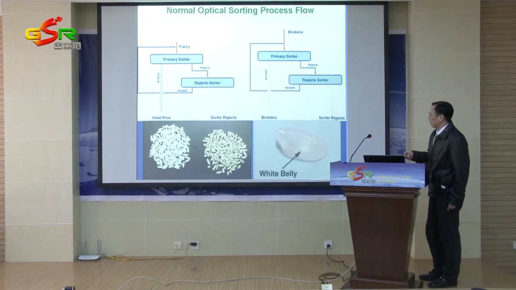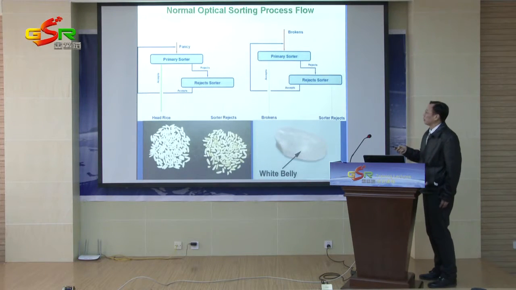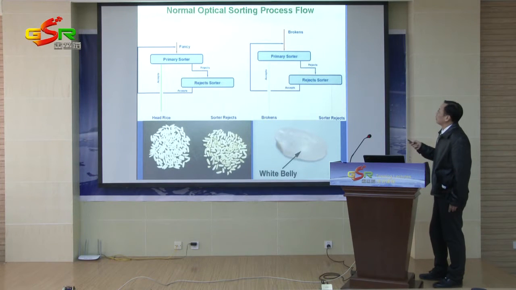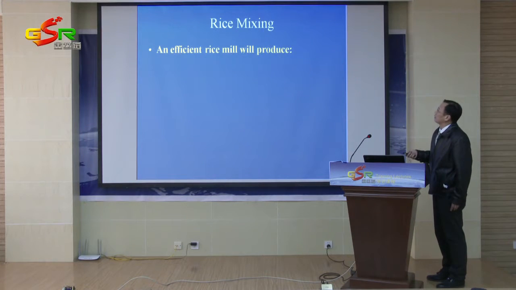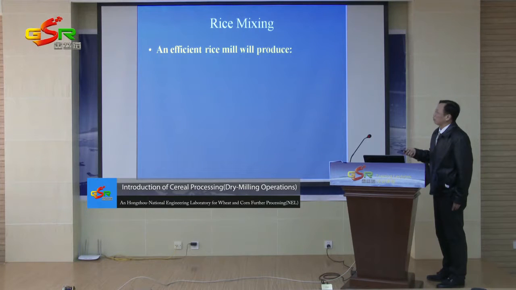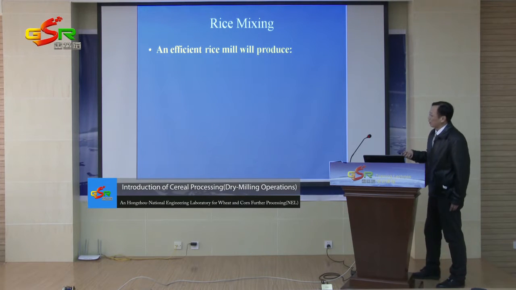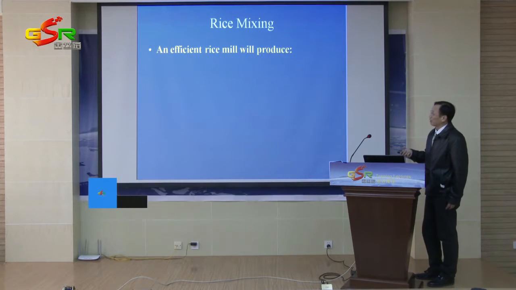This is the yellow rice and different white burning rice from the white rice using the color sorter. After the color sorting, color processing, we can use the rice mixing process to get the final product.